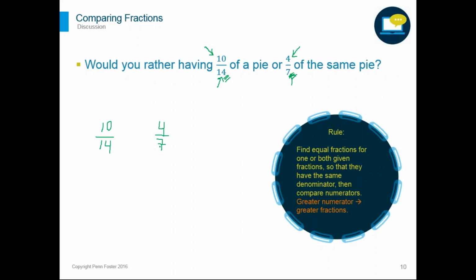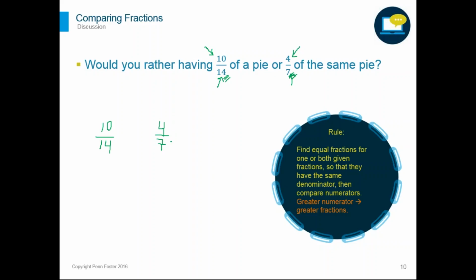To compare these two fractions, I need to find equal fractions for both, or maybe one, so that the fractions have the same denominator. What can I do? I have 14 in one denominator and 7 in the other.